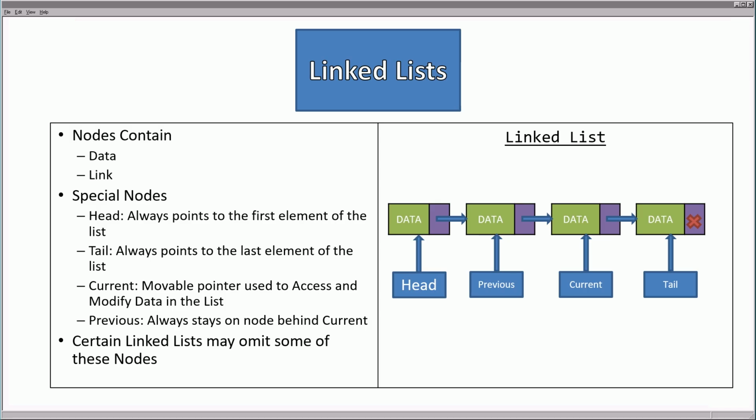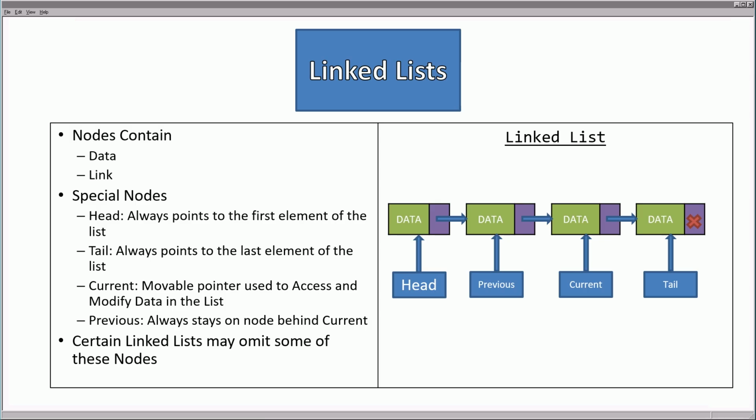In other words, very special nodes that always point to these different things of interest. Inside of a linked structure, one of the very special identifiers is the head. The head will always point to the first element in the linked list. Now conversely, you also have another pointer called the tail, which will always point to the last element in a linked list.